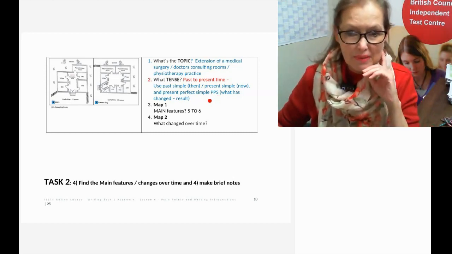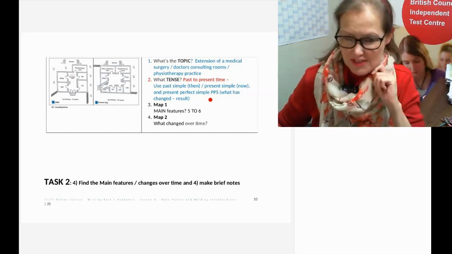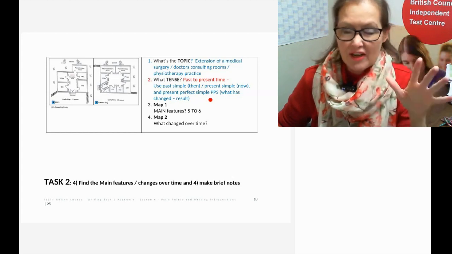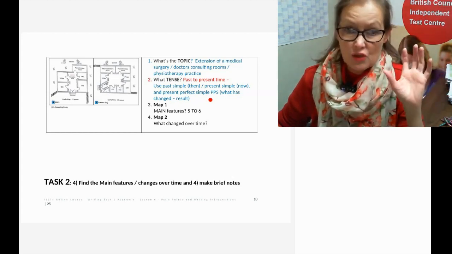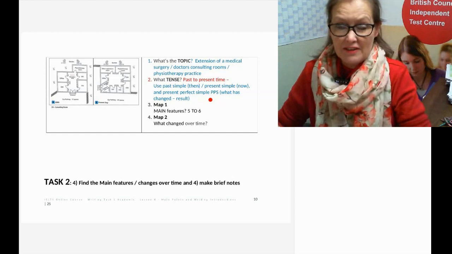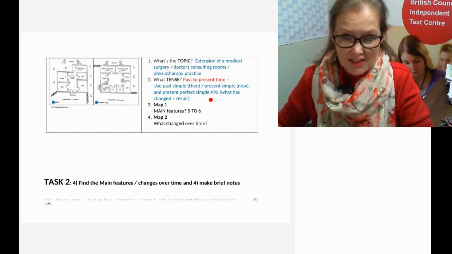And then we'll have a look at map number 1, our main features. And we were looking at about 5 to 6. It's actually, I find it very easy to get your word count up in this kind of task.